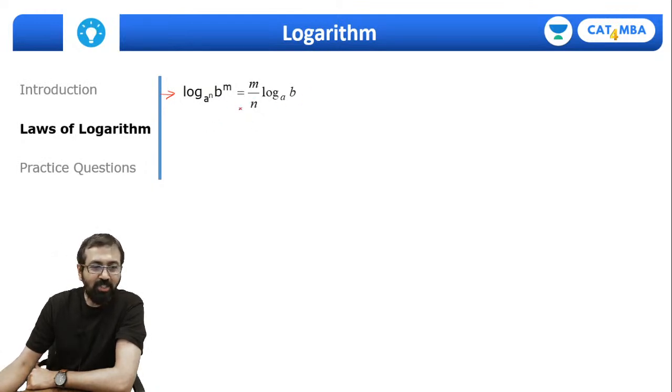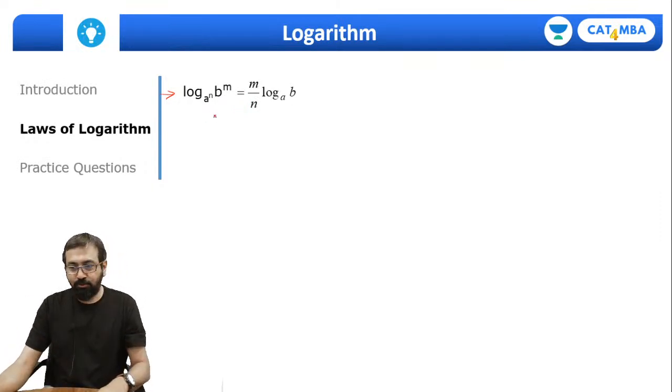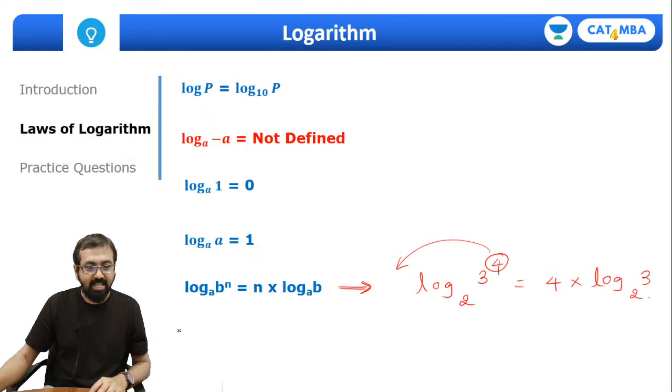Fine. So this rule is just an extension of the previous rule. Before that, Akash is from Jamshedpur. Hi Akash, good to see you. Guys, there is one more rule which you need to remember. So just note down this one as well. Log of b with a raised to m. Now please understand, here there is a power in the base.